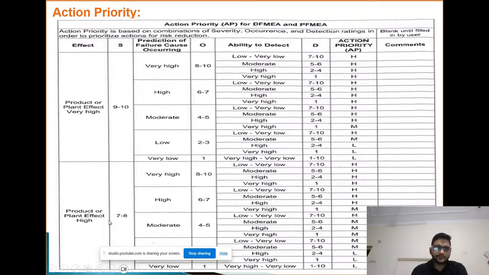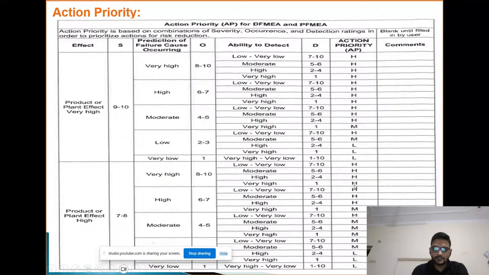In case of severity 7 to 8 and occurrence is 8 to 10, detection 7 to 10 is high, 5 to 6 is also high, 2 to 4 is also high, 1 is also high, meaning 1 to 10 is high in case of occurrence 8 to 10 and severity 7 to 8.